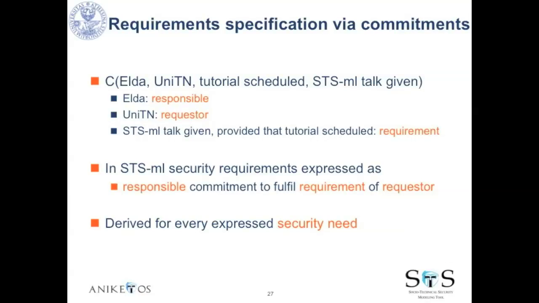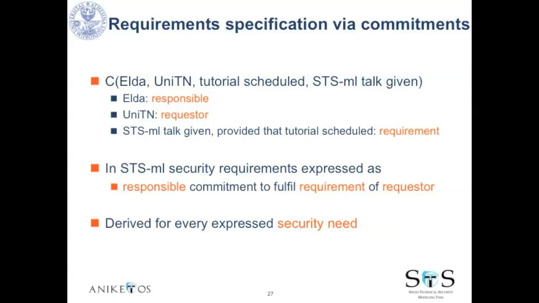How are commitments actually capturing security requirements? When we have this certain commitment, it is related to a given interaction that is taking place and to a specification that if the tutorial is scheduled, then a talk will be given. So me, Elda, that is making the commitment, I'm actually responsible to bring about this commitment, and UniTN, here, the party to which the commitment is made, is the requester of such state to be brought about, and the requirement is that a talk will be given provided that the tutorial is scheduled.